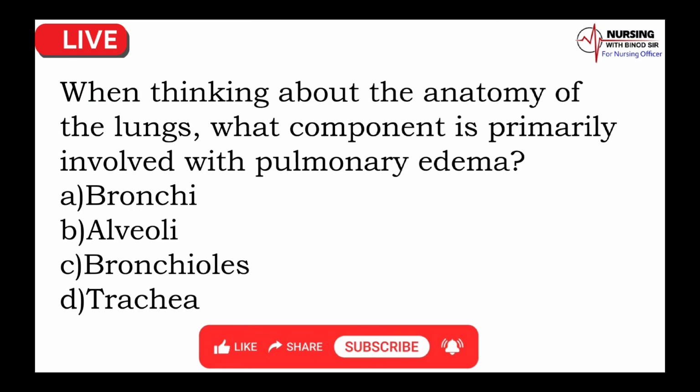Explanation: Pulmonary edema primarily involves the alveoli, which are the small air sacs in the lungs where gas exchange occurs. In this condition, fluid accumulates in the alveoli, impairing the exchange of oxygen and carbon dioxide. This leads to symptoms such as shortness of breath and reduced oxygen levels in the blood.